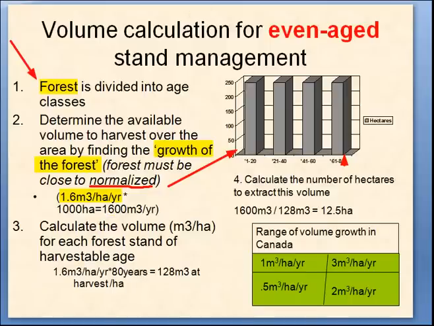If you look at this little chart here, you can see, depends where you are, and the more north you are, the slower the growth rate. And if you're more south, let's say the coastal forest of BC, the growth rates can be dramatically better. So this gives you just the idea how much volume we are putting on per hectare per year.